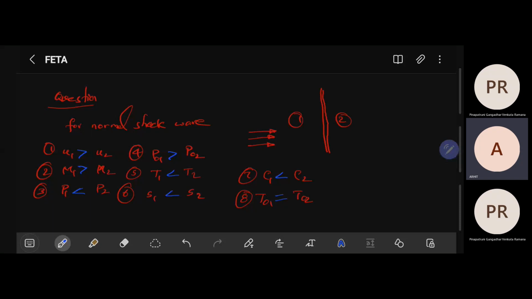Bernoulli's equation is applicable for incompressible flow, but for compressible flow, Bernoulli's equation is not applicable. I'm not saying it from the complete Bernoulli's perspective, I'm saying it from this equation's perspective.